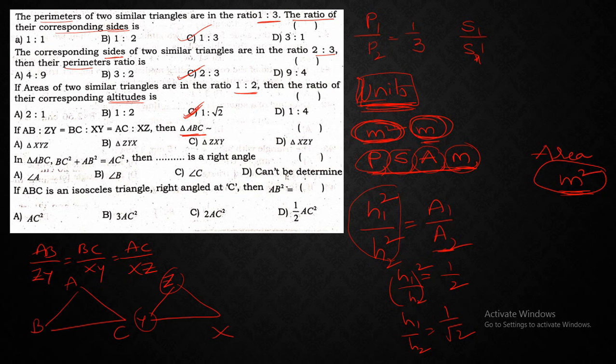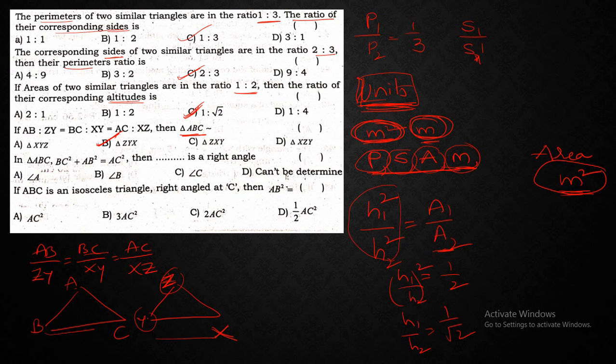Next, AC is to XZ. So AC and XZ. So it is satisfying the condition, no? So AB ZY, BC YX, AC XZ. That means from this I can say ABC is similar to ZYX. So the answer is ZYX. So option B. It is not always XYZ, right?